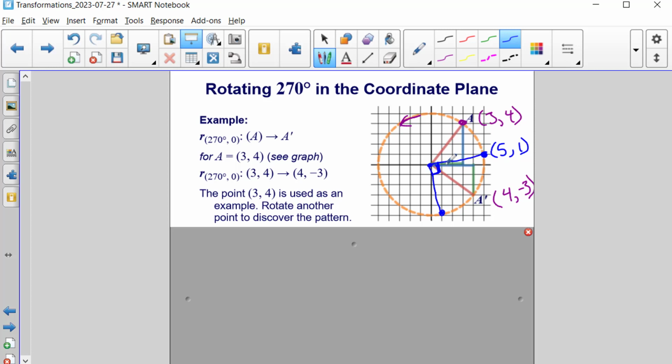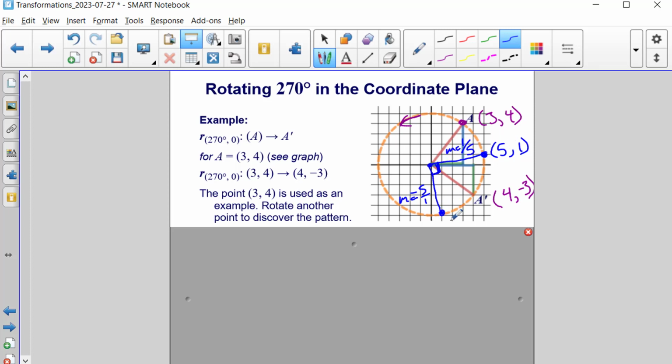So the slope of this line connecting the origin and our original point is 1/5, and the slope of our 270 degree counterclockwise rotation has an opposite reciprocal slope of -5/1. So that's how we know that we have perpendicular lines here, and we can use that same counting strategy to get from the original point to the new point.